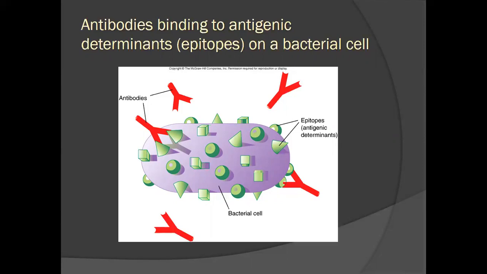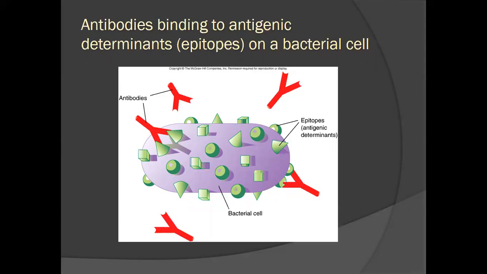One of the things that we'll talk about is that pathogens change, sometimes by accident through a mutation that's beneficial to them, but sometimes they actually have segments of their genome that purposefully allow them to make changes that alter some of these epitopes. So if you have antibodies that recognize multiple epitopes, you increase your chances of finding that pathogen. You also increase your chances of interacting with that pathogen.